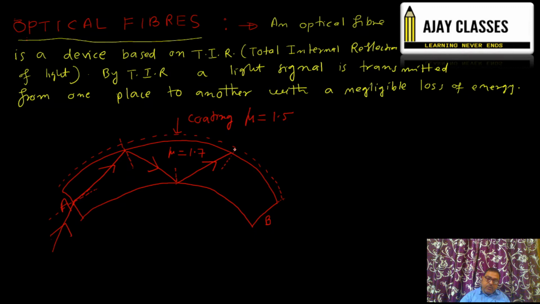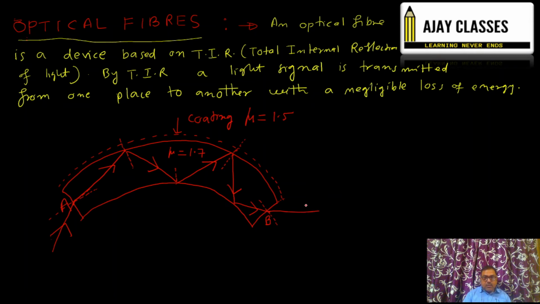Normal at every point of incidence is shown here. It just gets reflected internally inside the optical tube and then reaches the other end from where it comes out and away from the optical fiber. It is seen here.